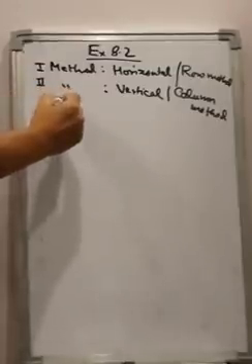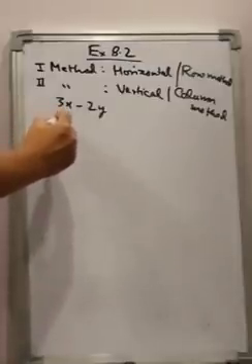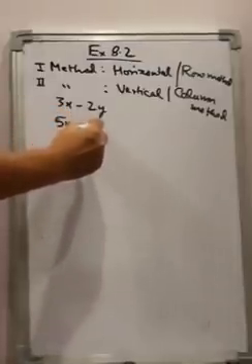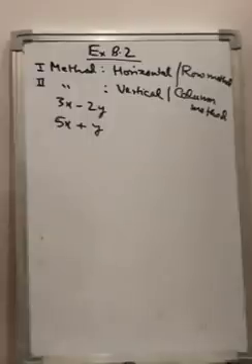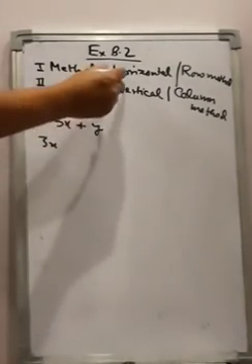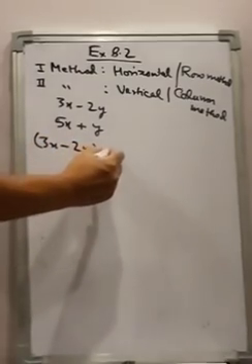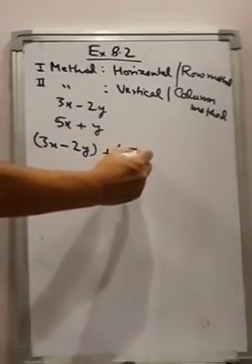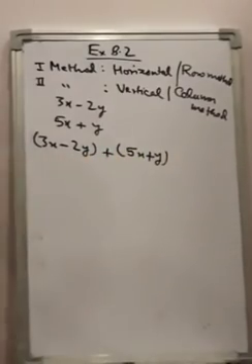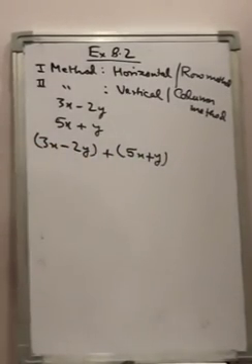For example, suppose you have to add 3x minus 2y and 5x plus y. You have to add the two expressions. So you can add using the first method like this, plus this, and prefer to use brackets for expressions.